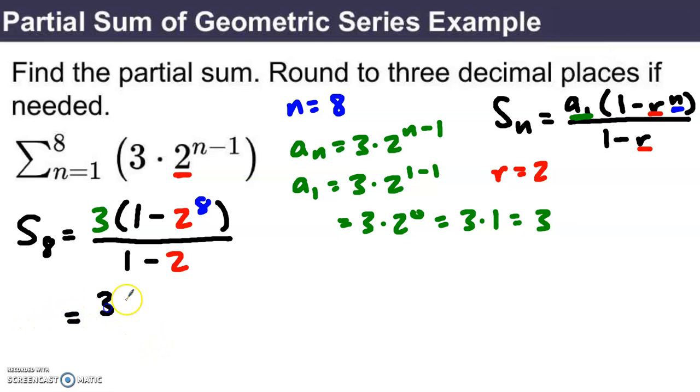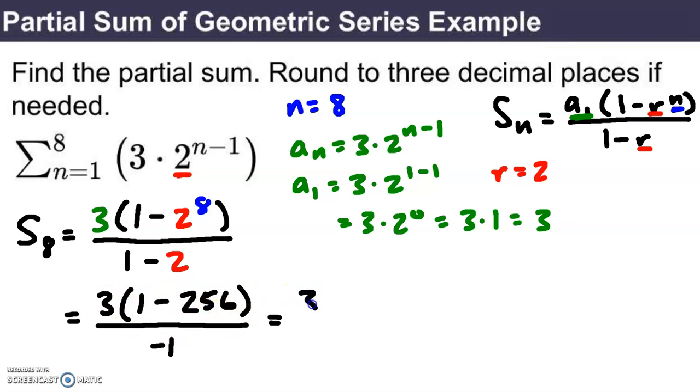So we've got 3 times 1 minus 2 to the 8th power. 2 to the 8th power is 256. And 1 minus 2 is negative 1. So to simplify this, maybe I want to subtract here.